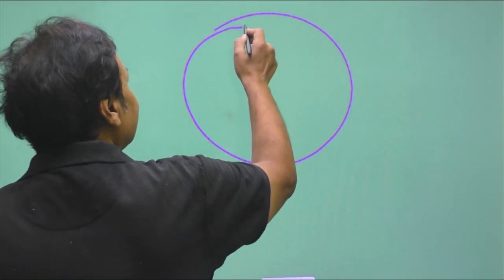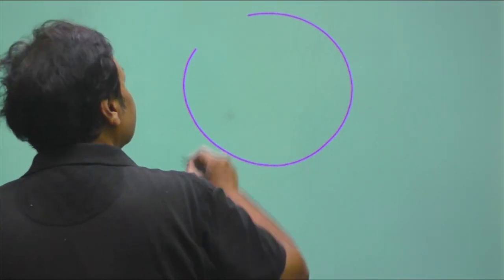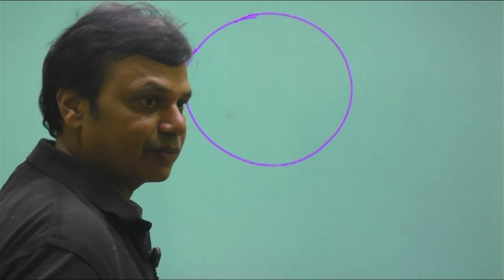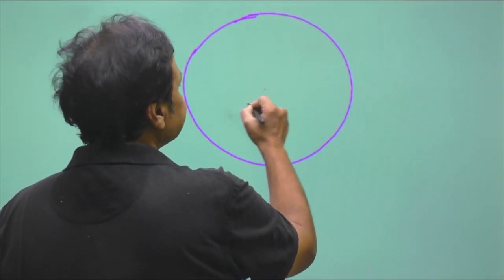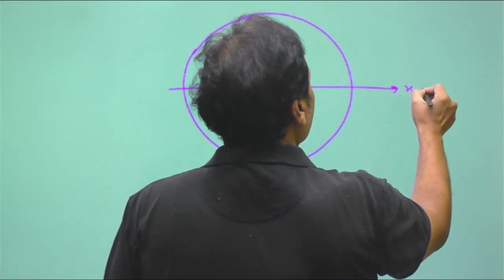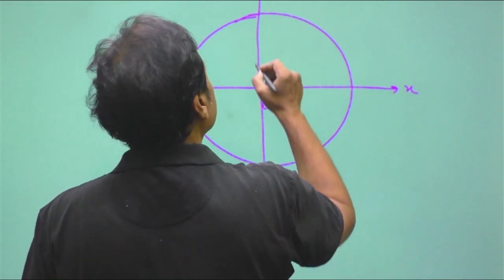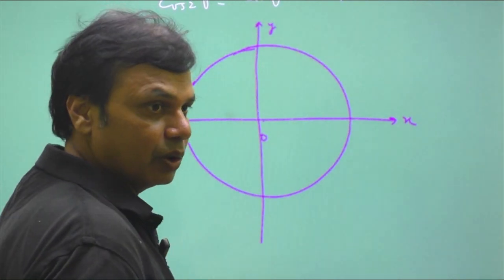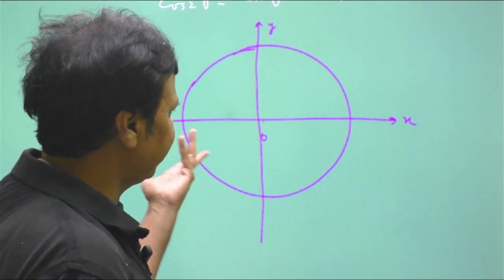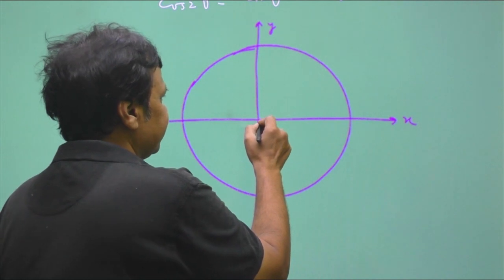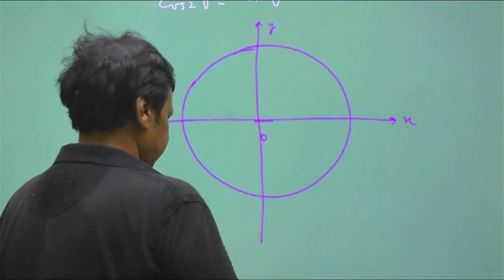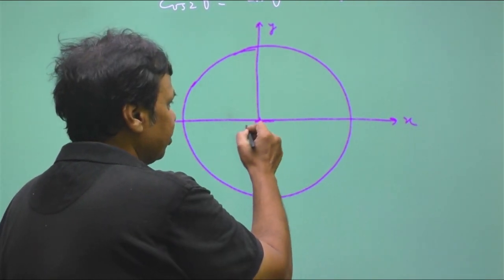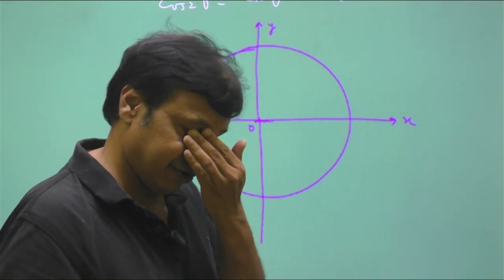It's not that important. Draw again and draw a circle. This is the origin. I'll just draw an x-axis, y-axis. This is the center basically. Here is the center of the circle. Origin at the center of the circle.